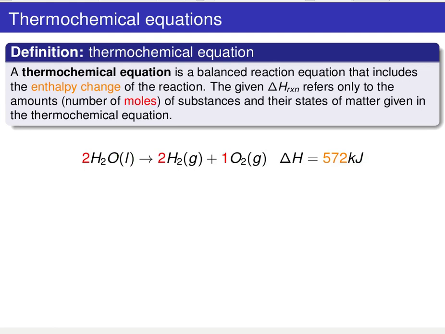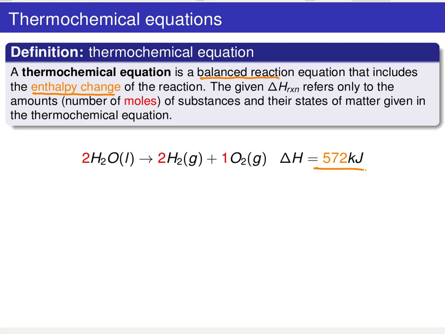All right, so now we're in a position to take this concept of enthalpy and combine it with what we already know about chemical reaction equations to form what are called thermochemical reaction equations. So a thermochemical reaction equation takes our balanced chemical reaction and includes this enthalpy term.